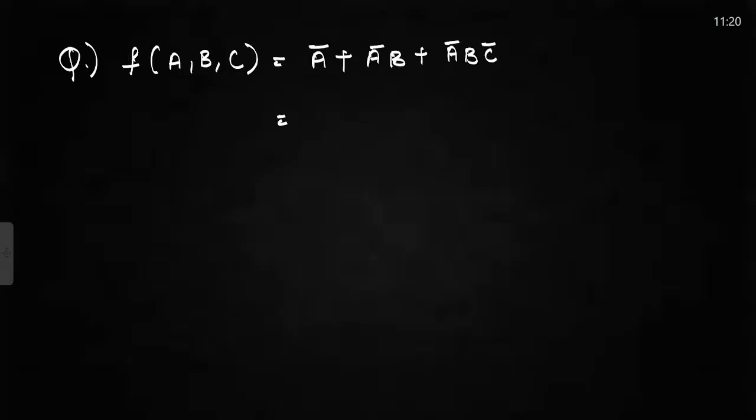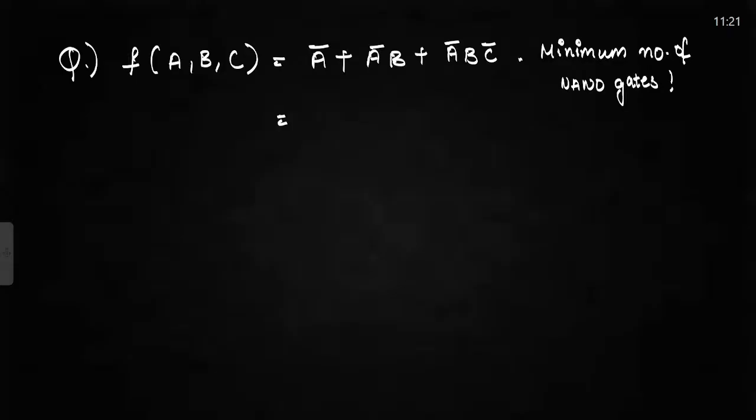Now I am asking to find the minimum number of AND gates. So that is the question. First let us try to simplify this one and then we will try to solve.